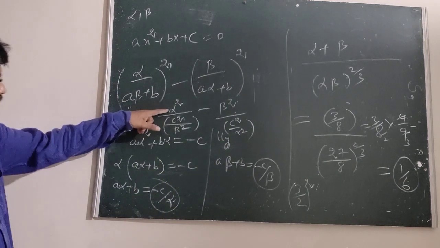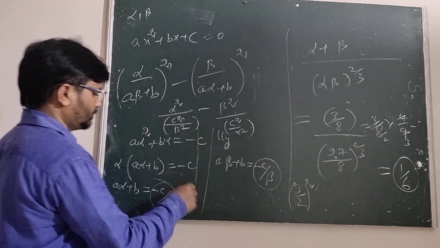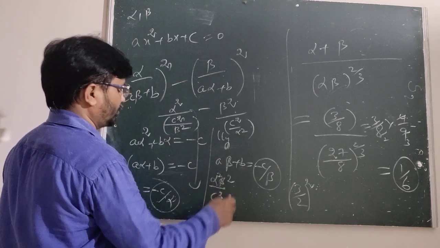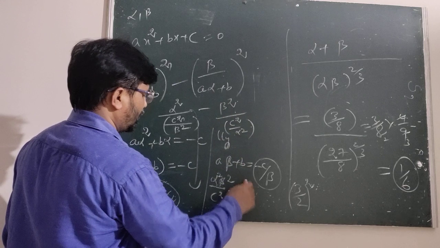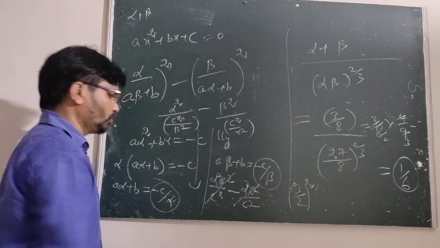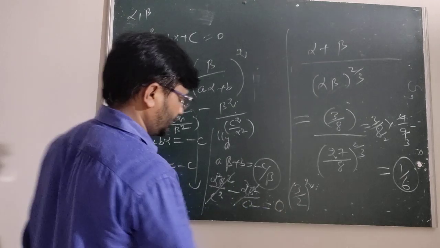Sending these to the numerator, this can be written as alpha square beta square by c square minus alpha square beta square by c square. These two cancel, and we get 0.